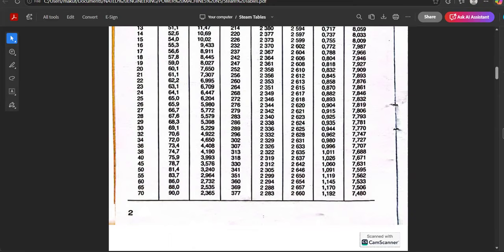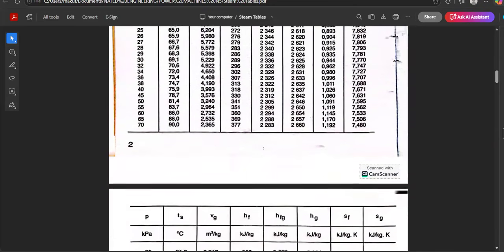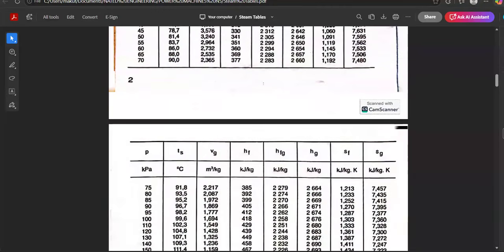If we move on, we also have 91.8 in terms of the temperature. So 90 and 91.8 are the boundaries, the limits from what we are given. 91 is in between these two, 91.8 and 90.